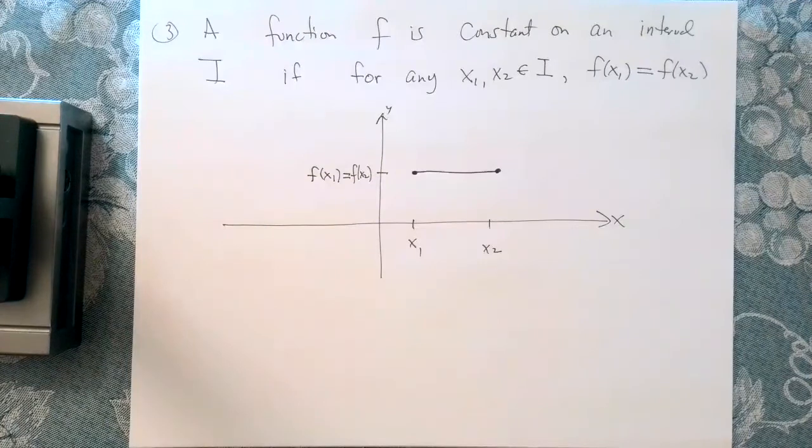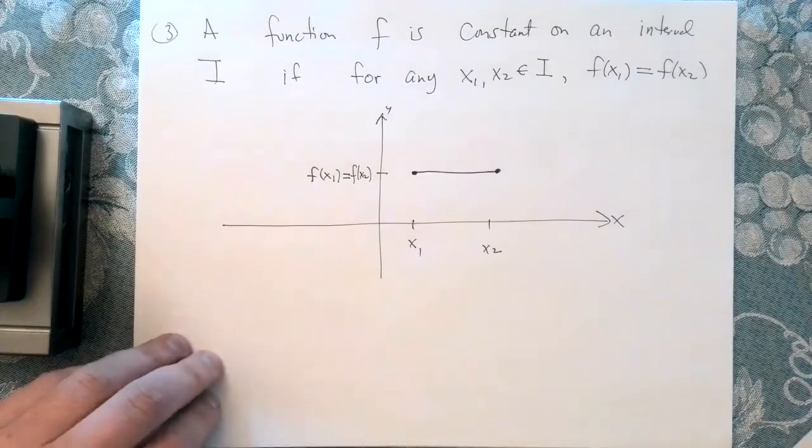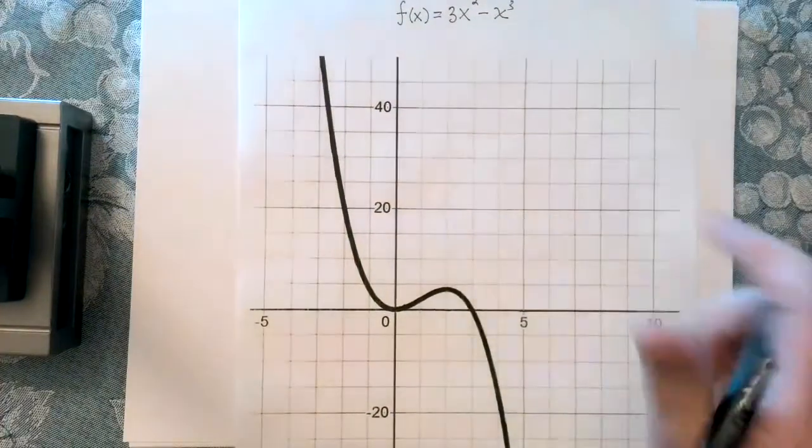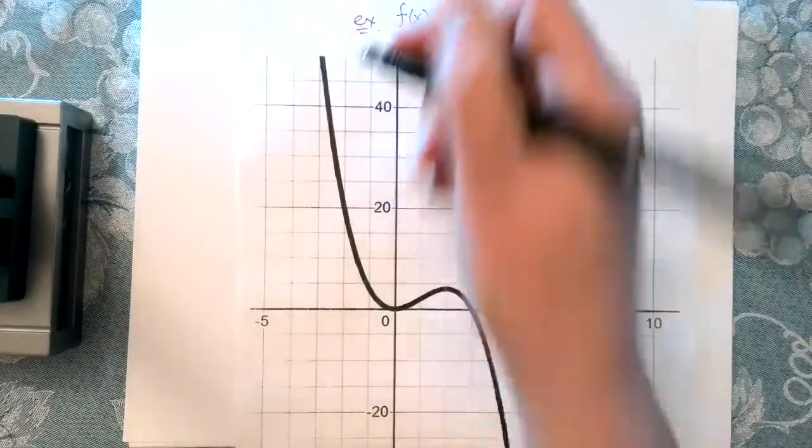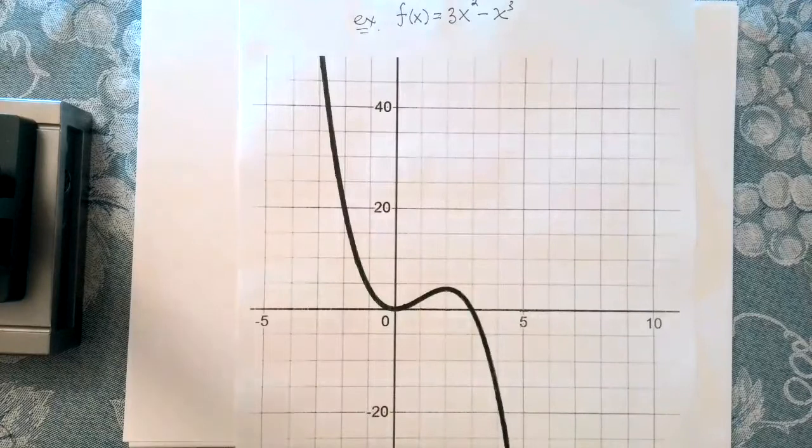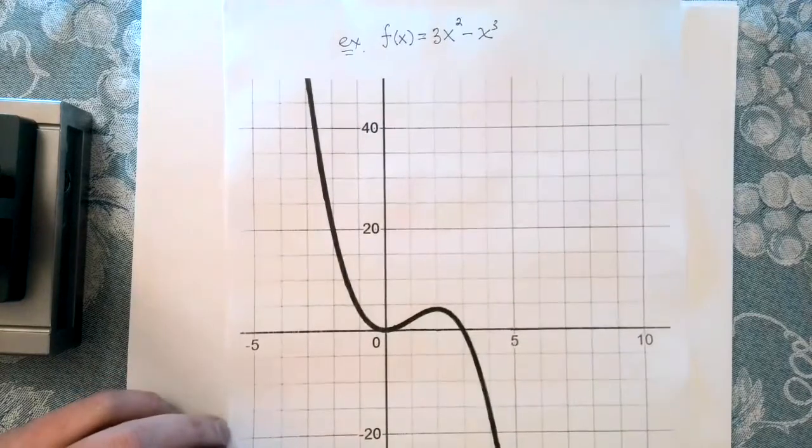Okay, so let's look at the graph of a function and see if we can determine where it's increasing, decreasing, and maybe constant. Might not be constant. Might only have one of these properties. Let's see if we can determine. So for example, let's consider f of x equals 3x squared minus x cubed.